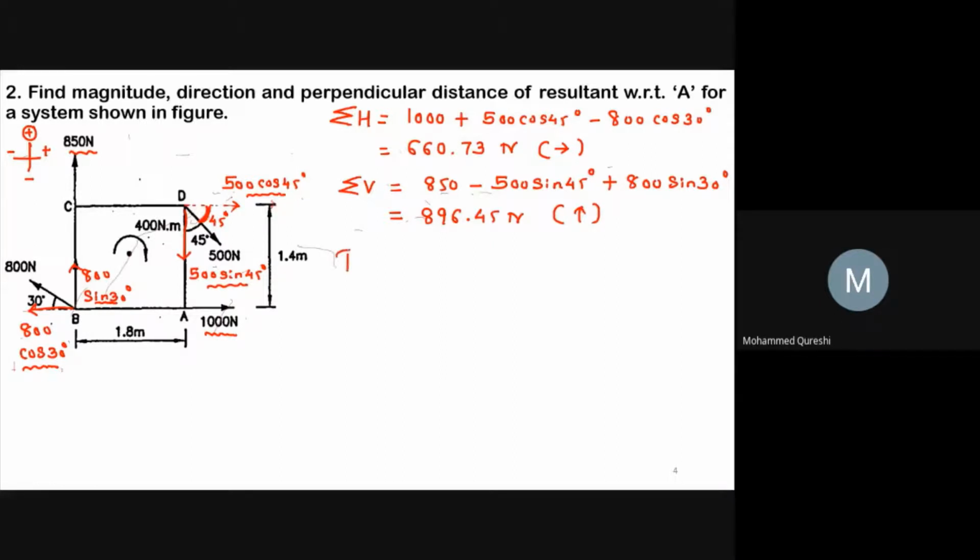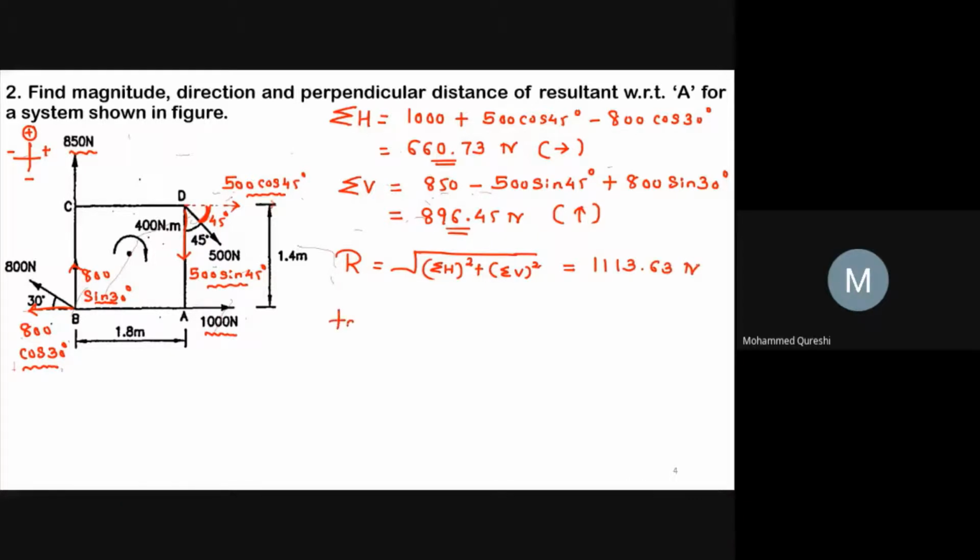Now we will go for the equation capital R equals to under root of sigma h square plus sigma v square. Value of sigma h as 660.73 and value of sigma v as 896. So we will get the value of capital R as 1113.63 Newton.